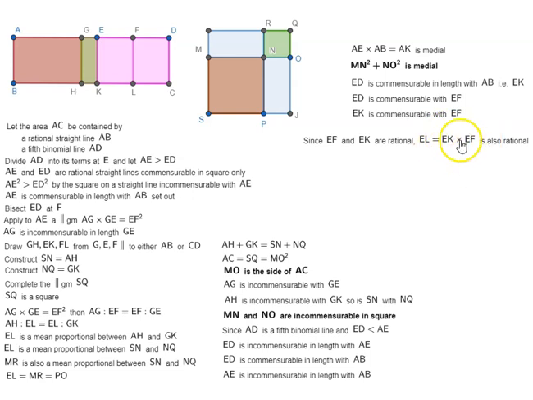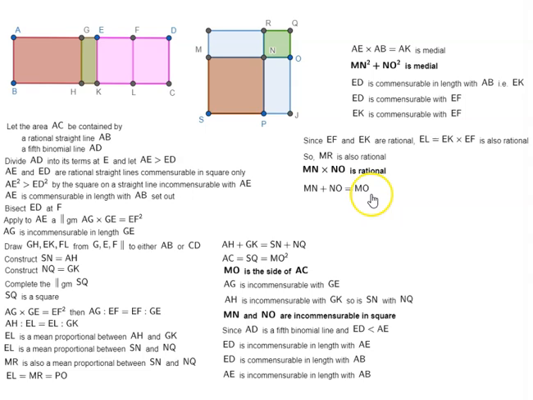That means the area contained by them is also rational. So MR is also rational, because MR is equal to EL. MN by NO is rational. Why? Because MR is contained by MN and NR, but NR is equal to NO. So MR is contained by MN and NO. So MN by NO is rational.